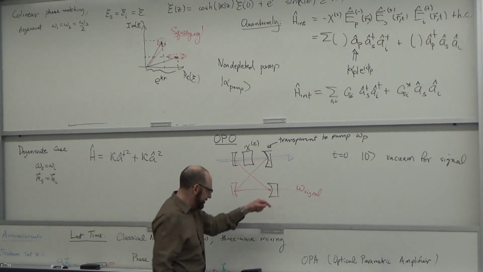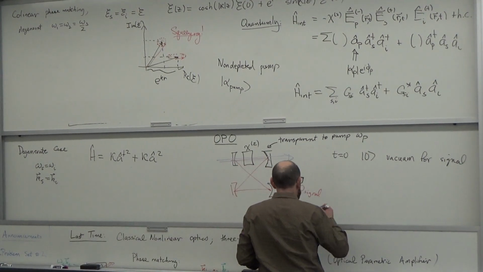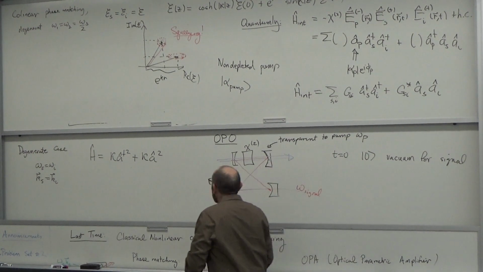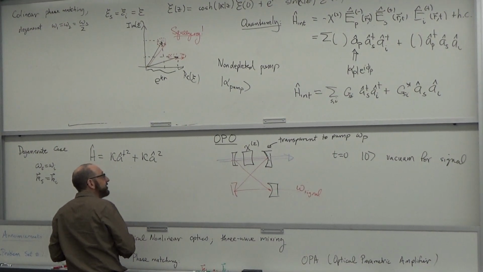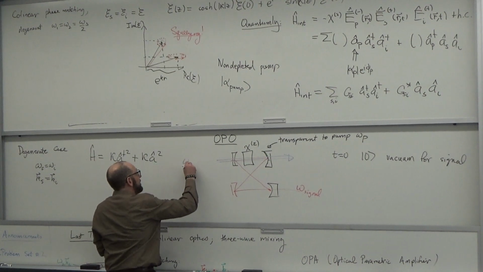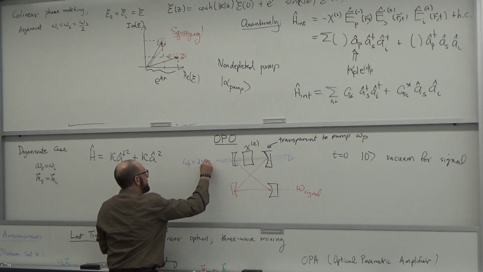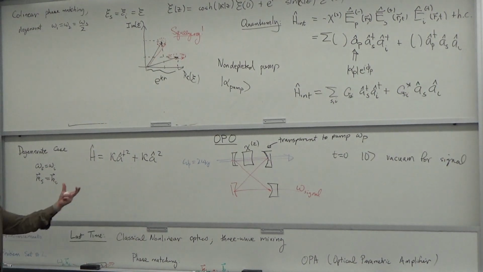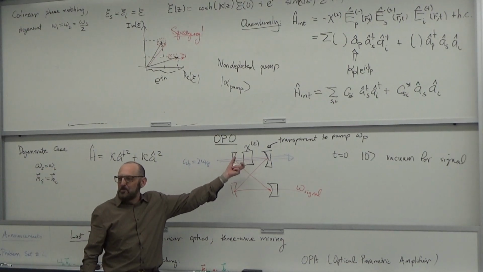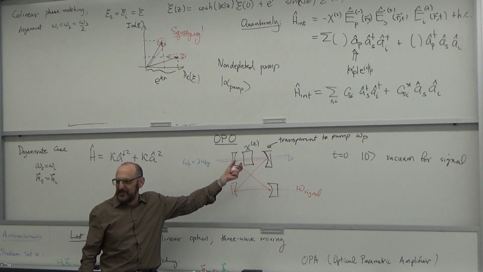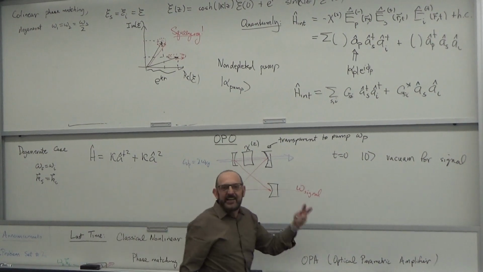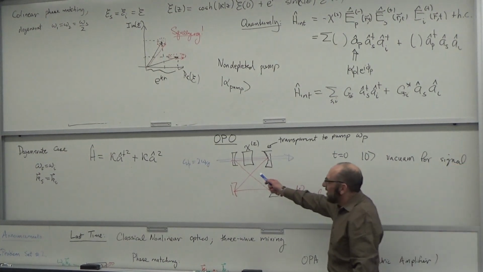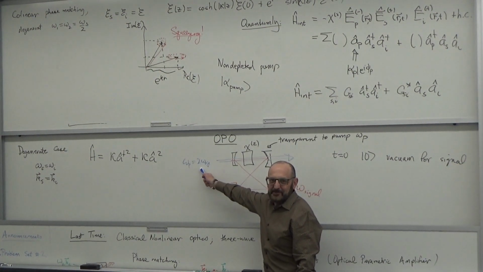In this case, the pump here is at twice the frequency of the signal, right? Because they're phase matched. And so what I'm doing is changing the optical path length through the change of the index of refraction that's being modulated at twice the frequency.